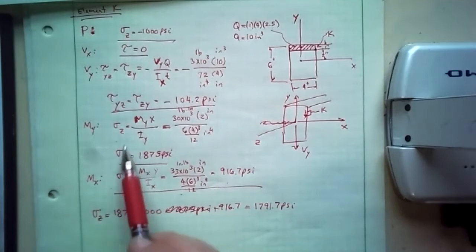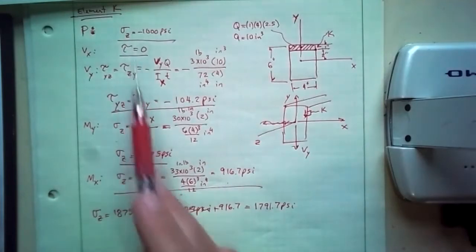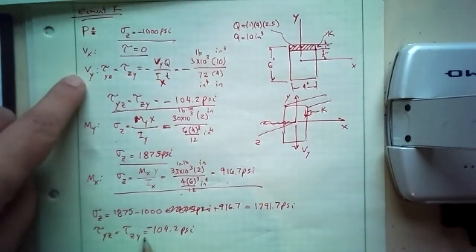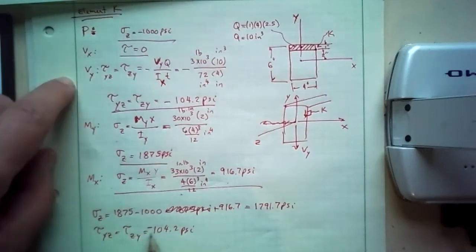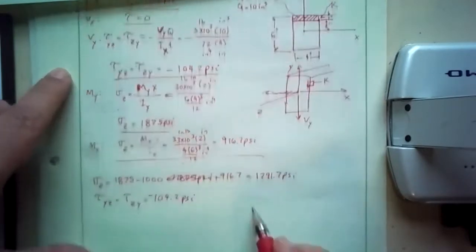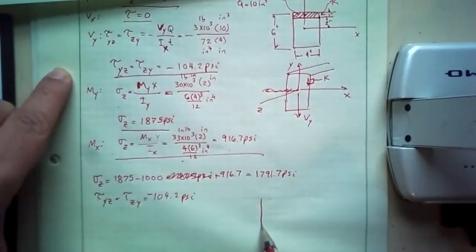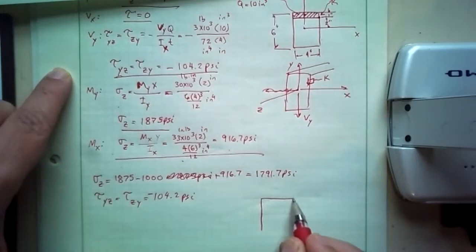And then shear stress, that one's 0, and this one is the only one I have. Tau yz, which is the same as tau zy, is 104.2 psi. And negative means it's in the negative y direction. That's all that means, negative y direction. So let me draw this a little bigger.